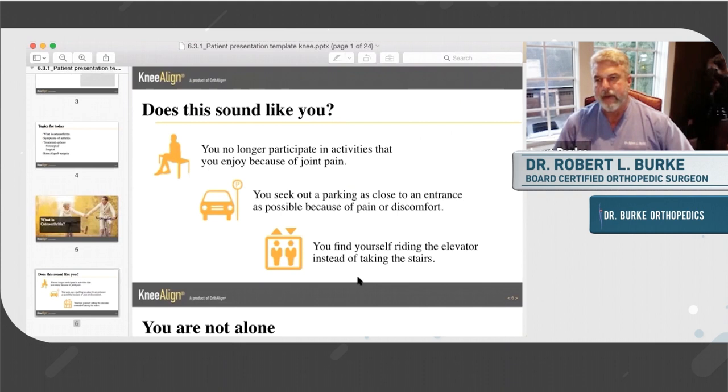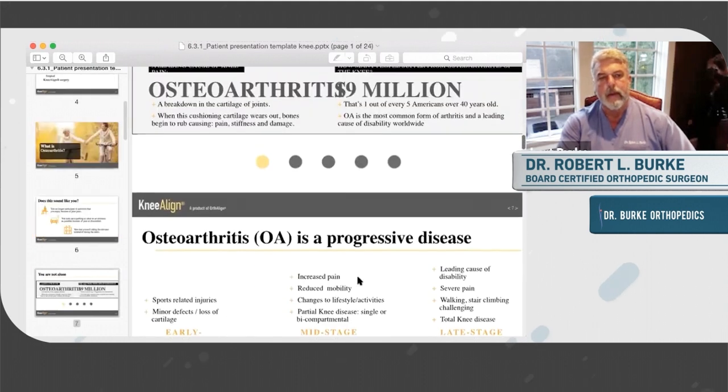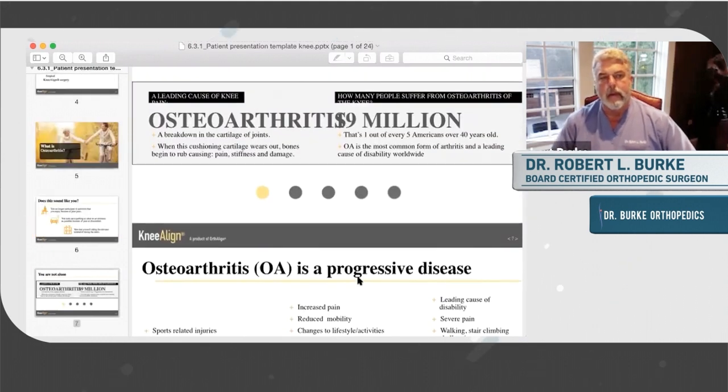They also have difficulty going up and down stairs because of weakness and or pain. And this is something that affects millions and millions of people throughout the world. It is becoming more common as our patient population ages, and it is one of the more debilitating issues that patients will have as they progress in their life.